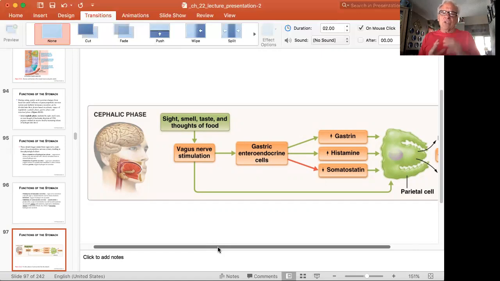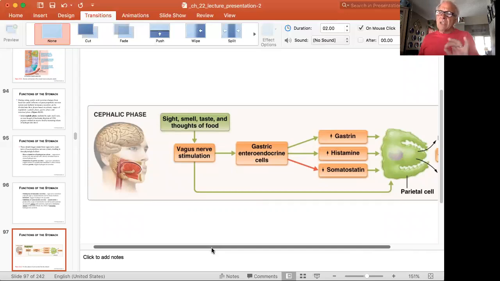The vagus nerve causes the gastric enteroendocrine cells to release gastrin. So we have an increase in gastrin. Also, it causes an increase in the release of histamine. Now, for those of you who have had allergic reactions, histamine is going to cause the production of mucus, right? Because you get congestion and stuff like that. And you have a decrease in somatostatin.